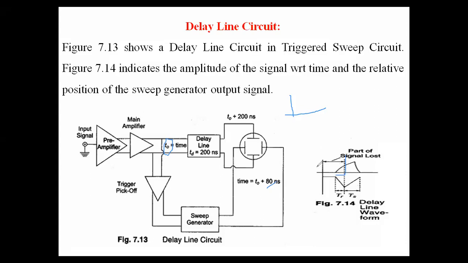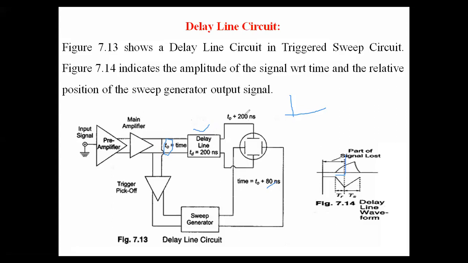So we have to apply the vertical amplifier output signal after the generation of the sweep output, or after the application of the horizontal deflection voltage. So here we are providing a delay of 200 nanoseconds. Before that, within 80 nanoseconds, the horizontal signal is applied.